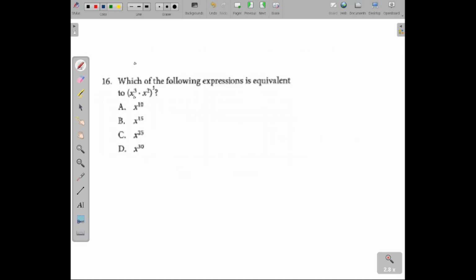Number 16. Which of the following expressions is equivalent to open parenthesis x to the power of 3 times x to the power of 2 close parenthesis to the exponent of 5? First, we can do some operations inside the parentheses, and since we have the same base, x and x, and it's a multiplication, we can add the exponents.